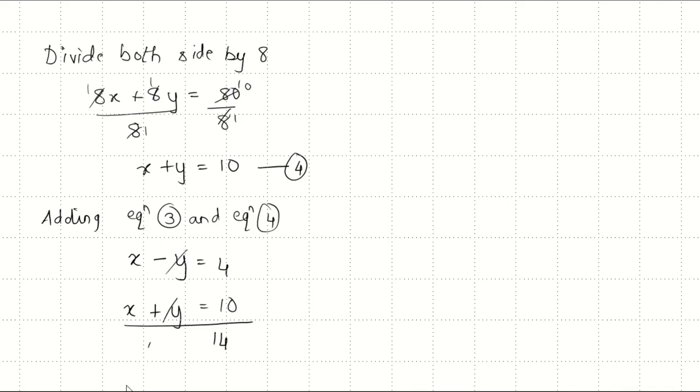Plus y and minus y get cancelled. 2x is equal to 14. On solving it further, we will get 14 divided by 2, so x is equal to 7. 2 sevens are 14.